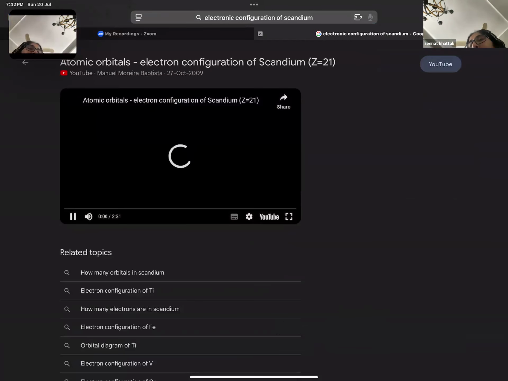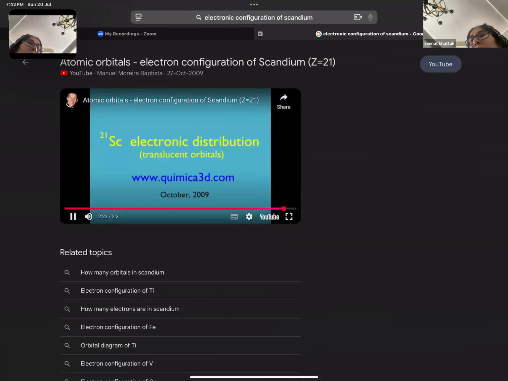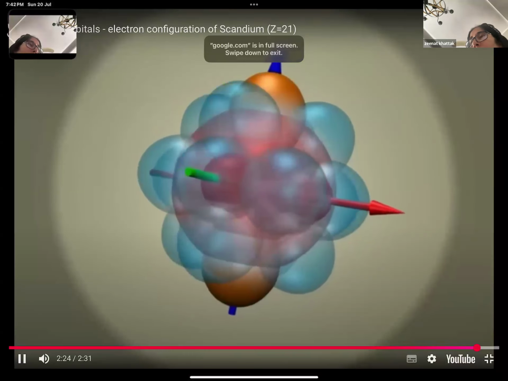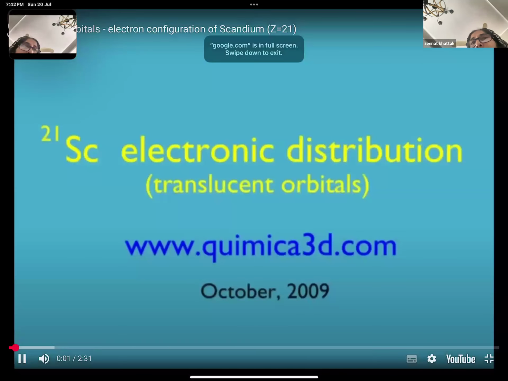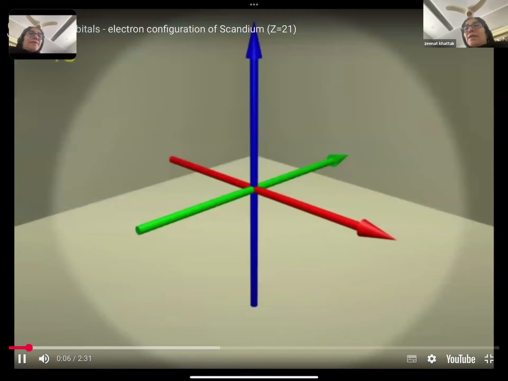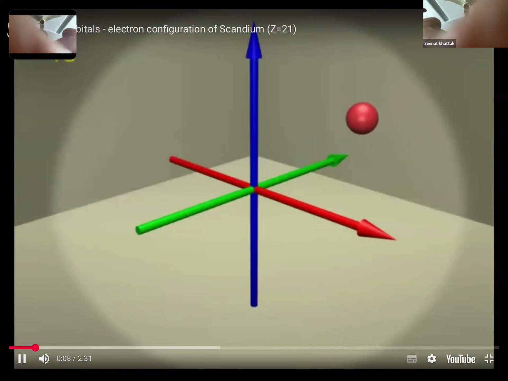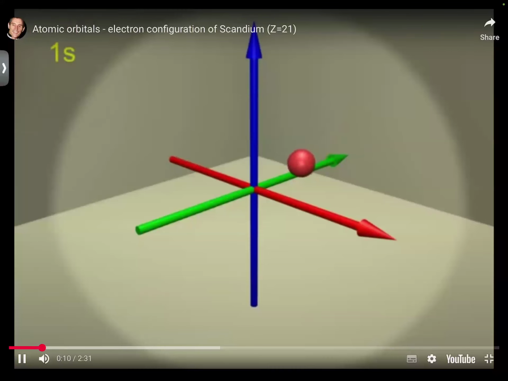Look at this. In this video, there is no sound. This is 1s, with 2 electrons in 1s. Then it is 2s, spherical, a bigger sphere.